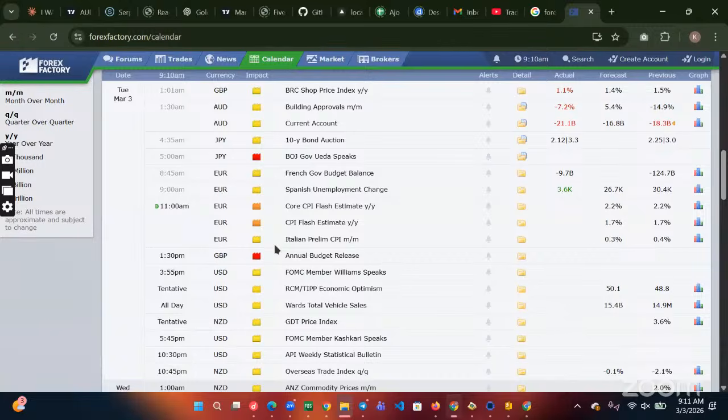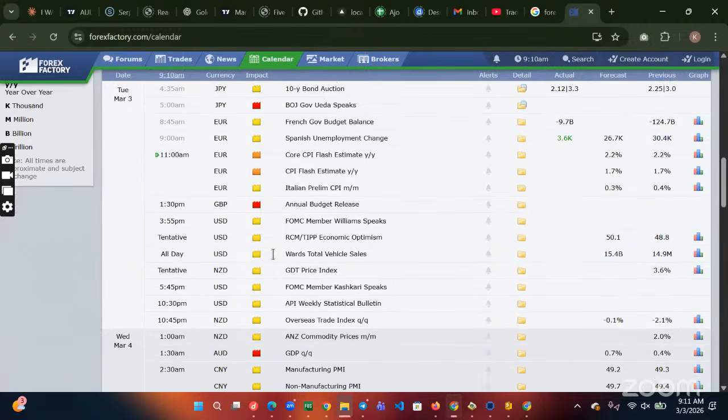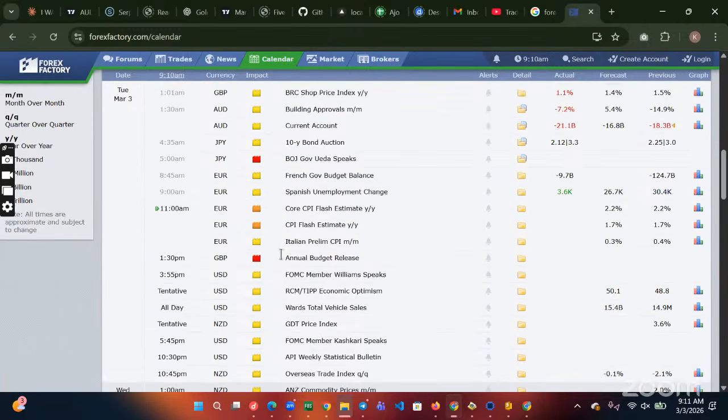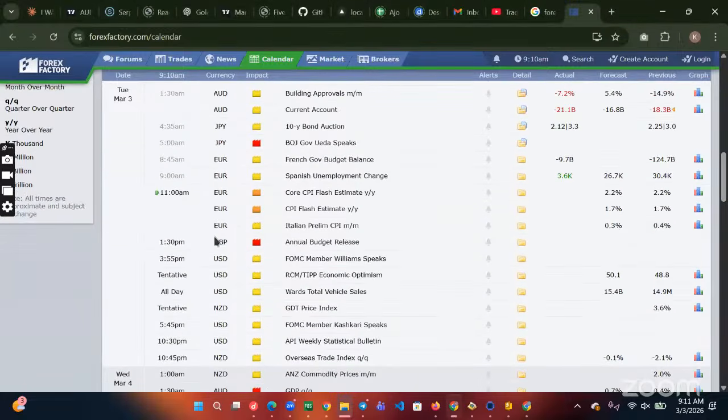I would either be closing my trade if it's in profit, if it has not hit our take profit. But if it has already hit our take profit, then fine. So for today, it is just GBP news by around 1:30 p.m.